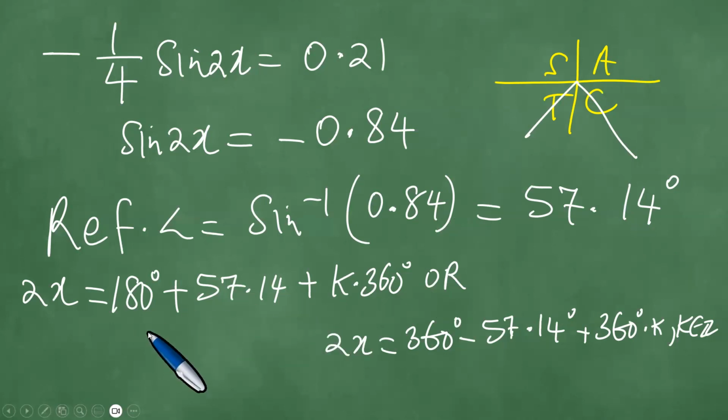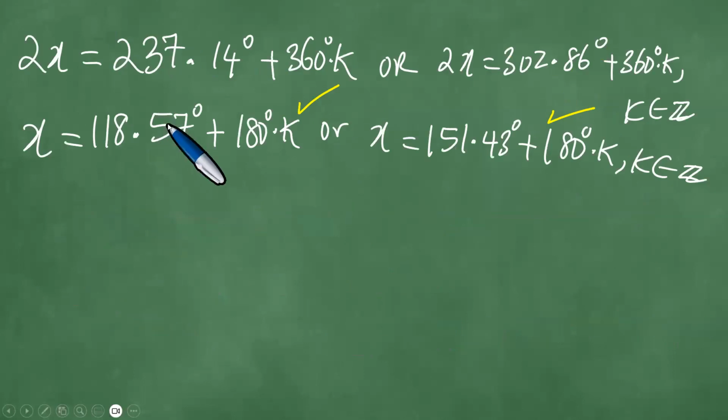And 180 plus 57.14, which is 237.14 divided by 2, which is 118.57, and divide 360 by 2, it becomes this. So this is the general solution to the equation.